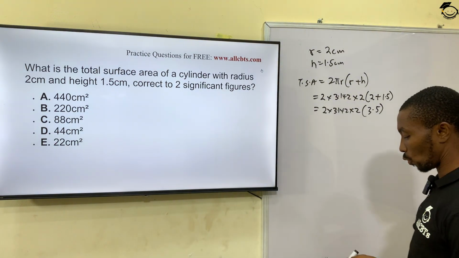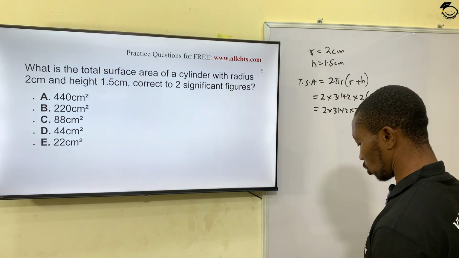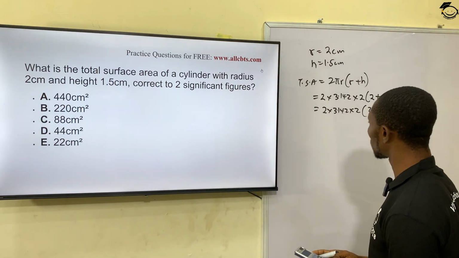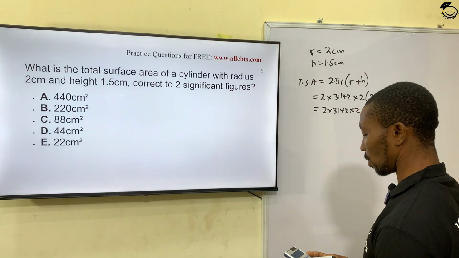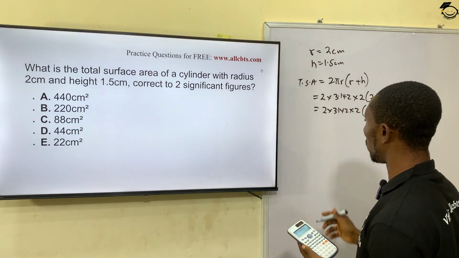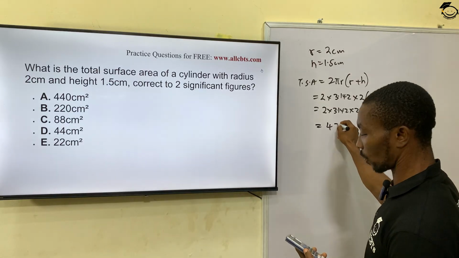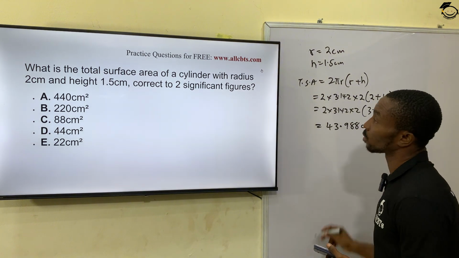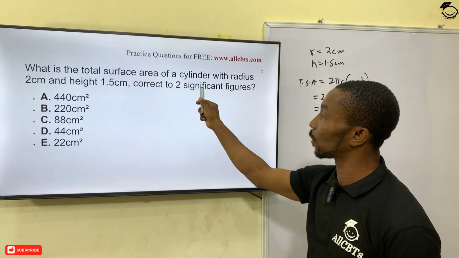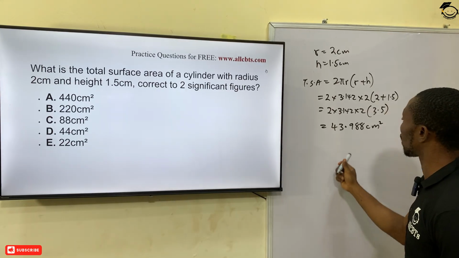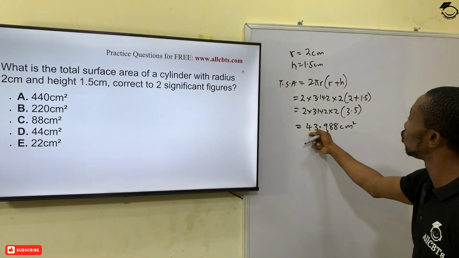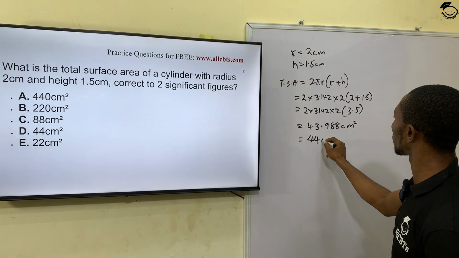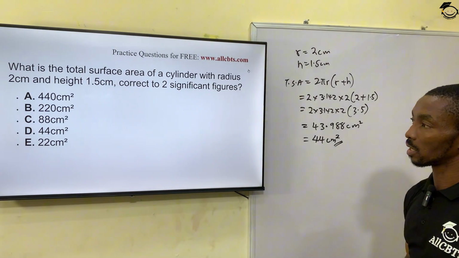So multiplying through, we have 2 times 3.142 times 2 times 3.5, which gives us 43.988 centimeters squared. Now, since we are asked to round off to 2 significant figures, it means we should have just 2 figures out of this entire number. So this gives us 44 centimeters squared as our answer.